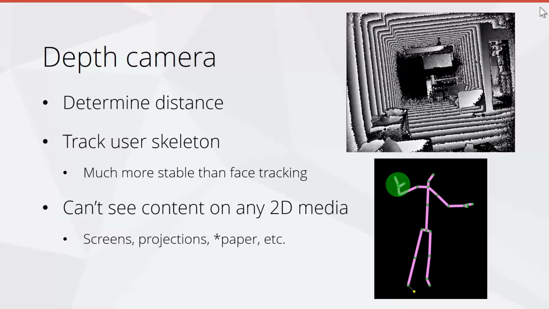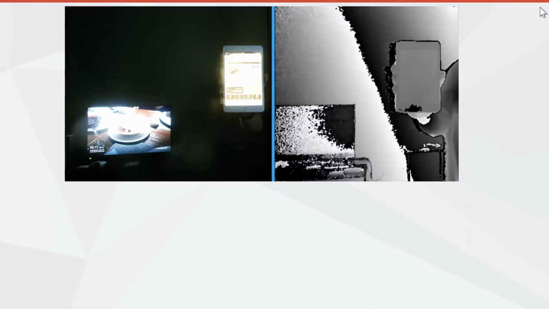And one interesting security thing is it cannot see any content on 2D media, on any 2D surface, with a little bit caveats, which I'll show you here. So here you can see my TV and iPad. You can't see anything.